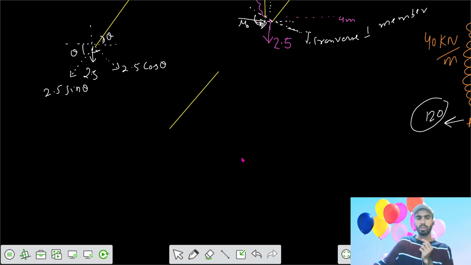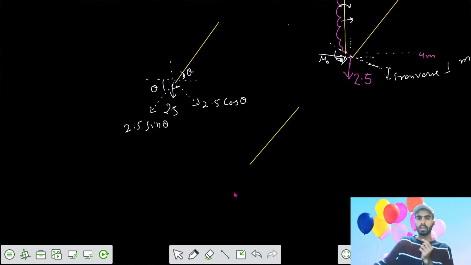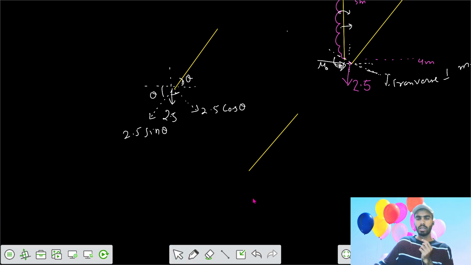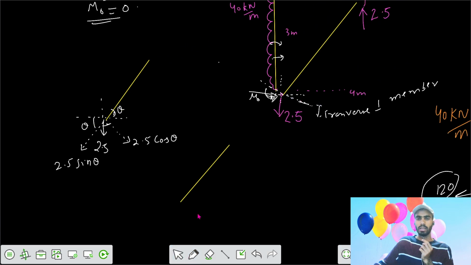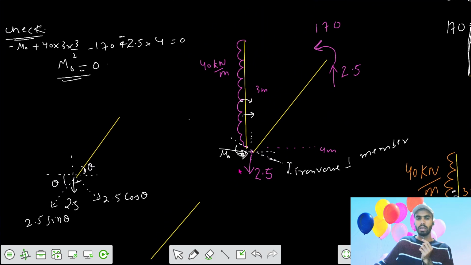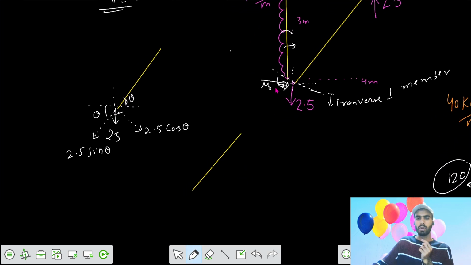So 120 in the negative x-axis, so we can write that here it was that 120 kilonewton horizontal, so this is your 120 kilonewton horizontal. Here that value of theta, and this is also theta.